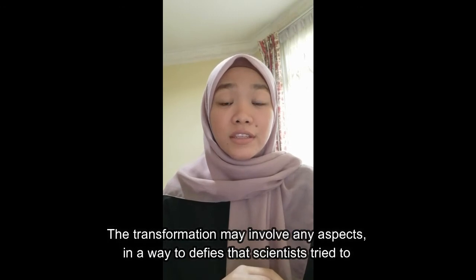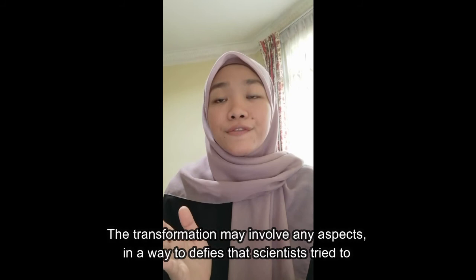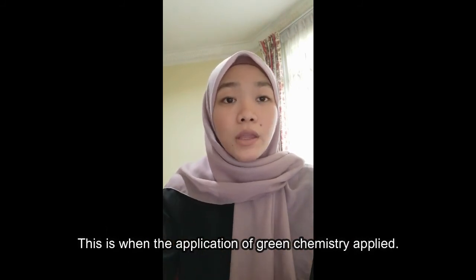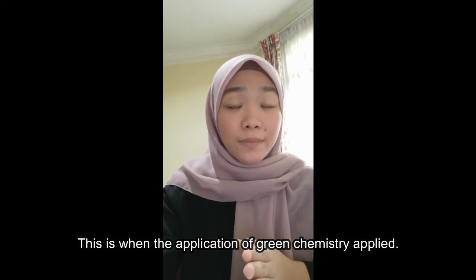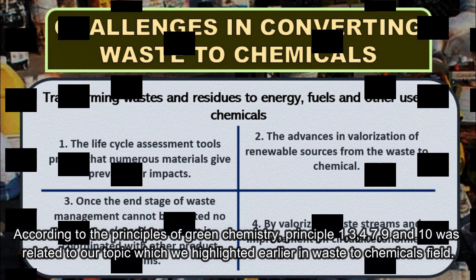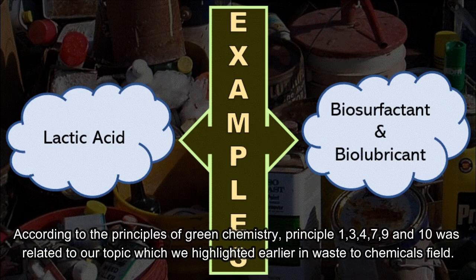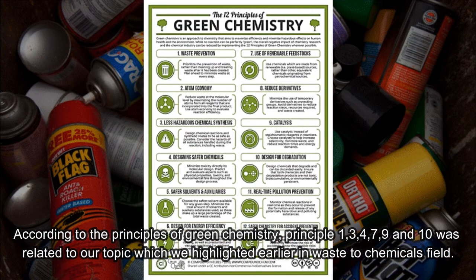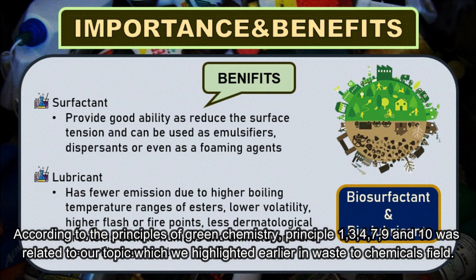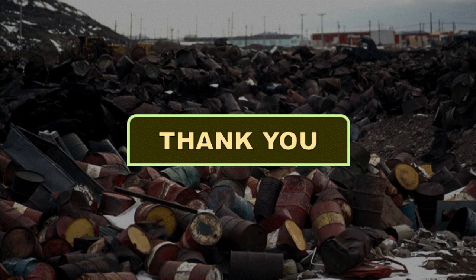The transformation may involve any aspect in the ways that scientists try to form a product. This is when the application of green chemistry comes in. According to the principles of green chemistry, principles 1, 3, 4, 7, 9, and 10 were related to our topic, which we highlighted earlier in the waste-to-chemicals field.